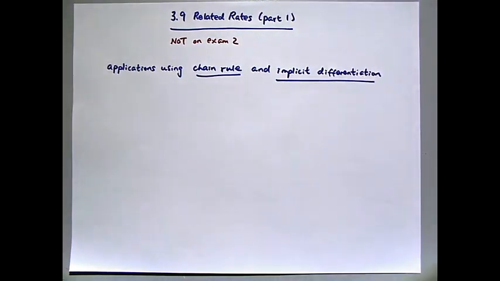There really is nothing new here. Everything you need to know, you already have seen. All right, so just like last time, I've typed out a few examples to save us some time from writing them down. Here's the first one.